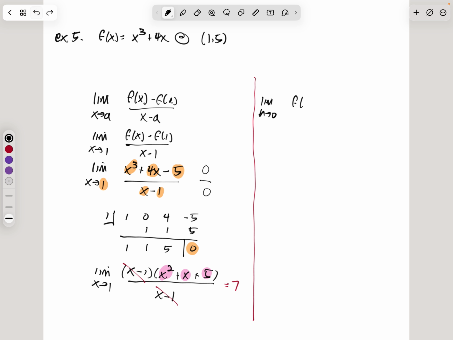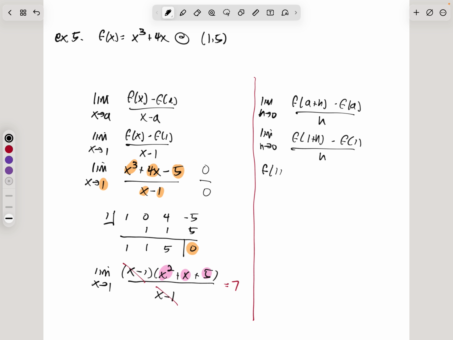We're doing it at a specific value, so it's actually f of a plus h minus f of a over h. We're evaluating it at 1, so it's the limit as h goes to 0 of f of 1 plus h minus f of 1 all over h. Now, we did f of 1 plus h in class. I don't have my notes with me, so I'm going to do this again really quick. You can fast forward through this part if you don't want to see it.